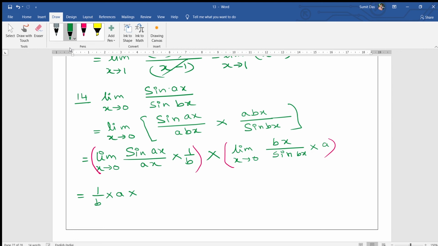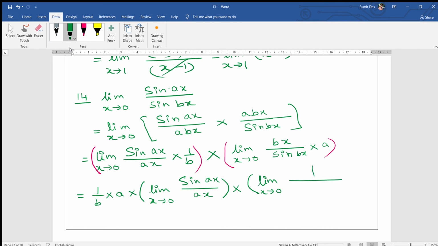What will remain here is limit x tends to 0 sine ax by ax. Here I'm not doing step jumping: limit x tends to 0, I can write 1 by sine bx by bx. I hope this step you know.